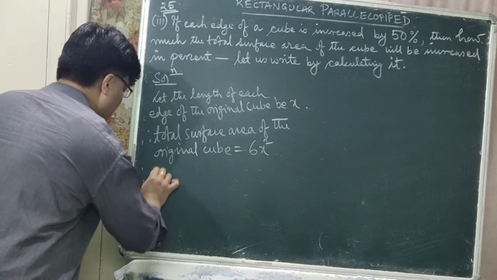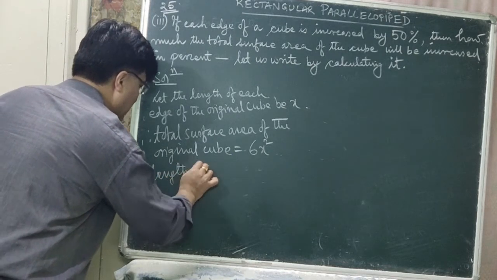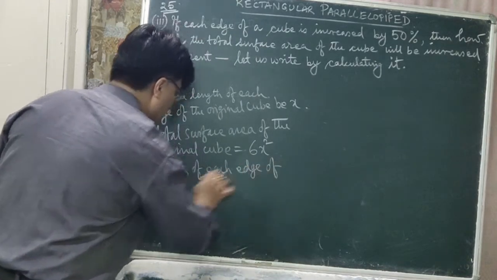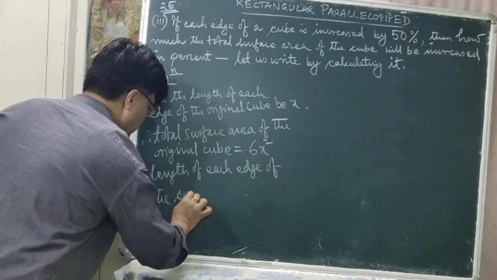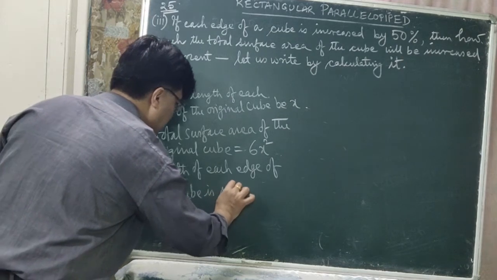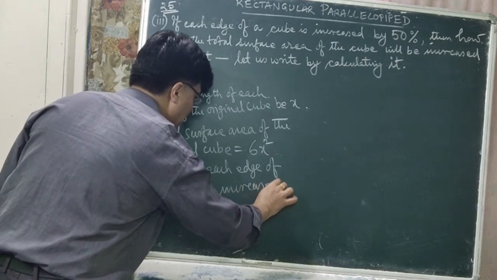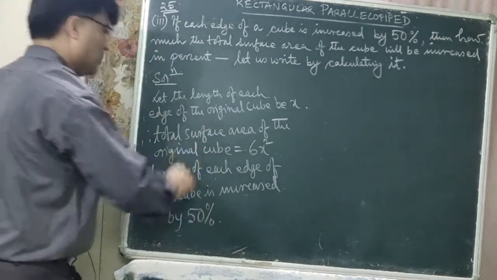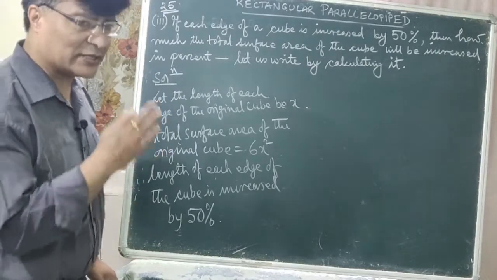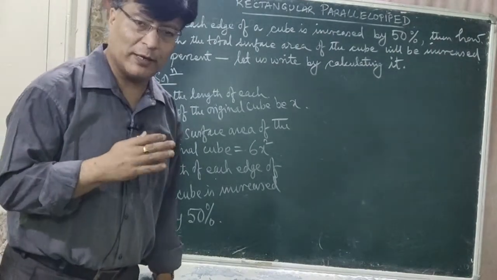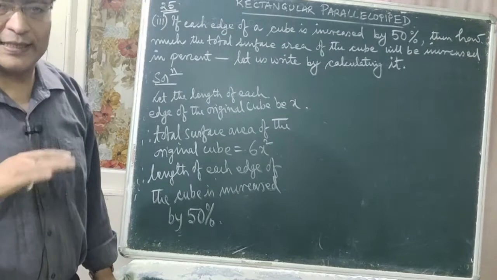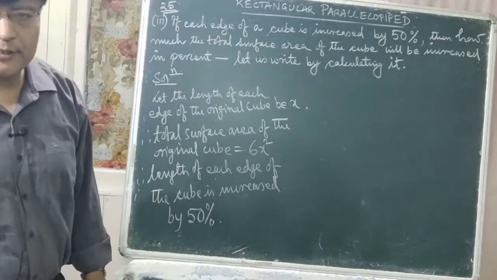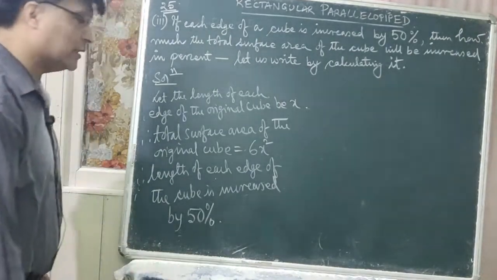So therefore length of each edge of the cube is increased by 50%. So let us find out the length of each edge of the new cube. अब त्यो क्यूब नयाँ क्यूब भयो जसको लेन्थ चाहिँ बढेर जाँदैछ. कसरी? Length of each edge of the cube is increased by 50%. Okay. So let us write here.